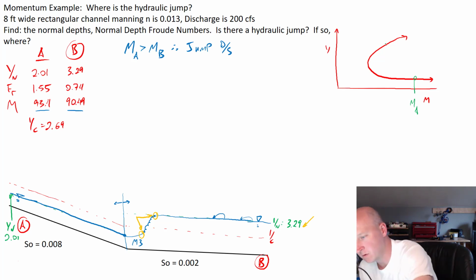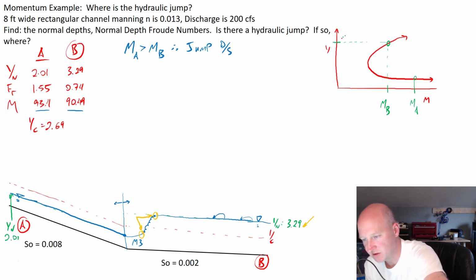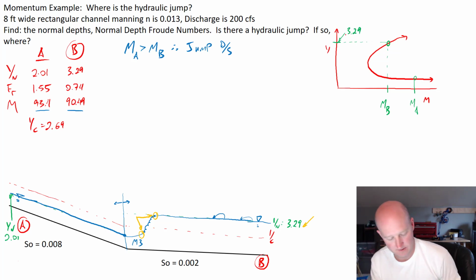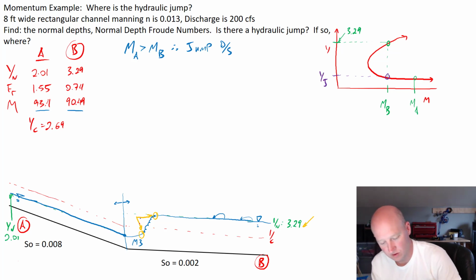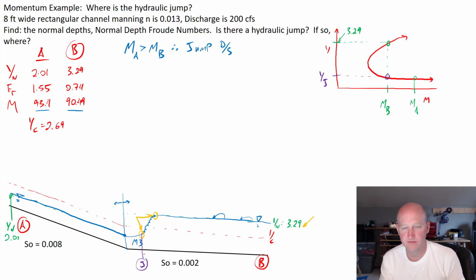Here's the specific force for section B, here's the normal depth for section B, so this is 3.29, and so that makes this depth the conjugate depth. This is the thing I'm going to call y sub j. So let's label this section right here. That'll be section J. And so we need to find that out. So we need to find out the conjugate depth of 3.29.